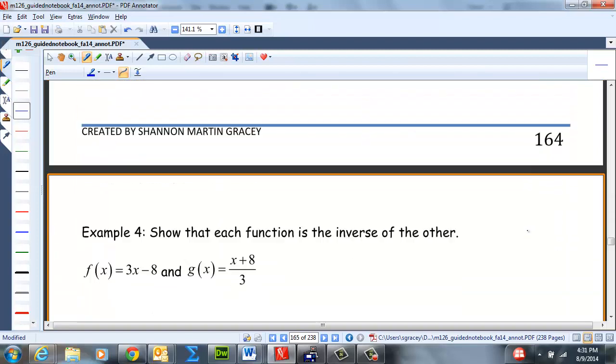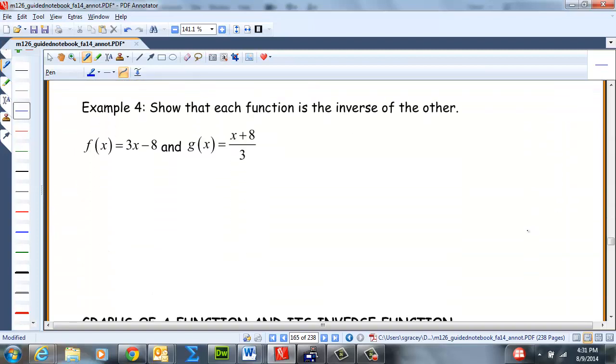So, coming to our next example, we're supposed to show that each function is the inverse of the other. So let's check it out. Step 1, we basically have to verify that f evaluated at g at x, is that equal to x? So f would be evaluated at (x plus 8) over 3, because that's what g at x is.